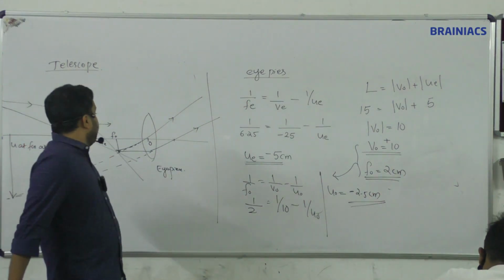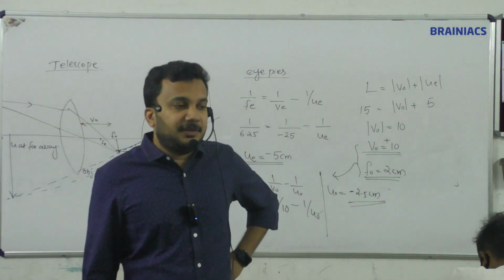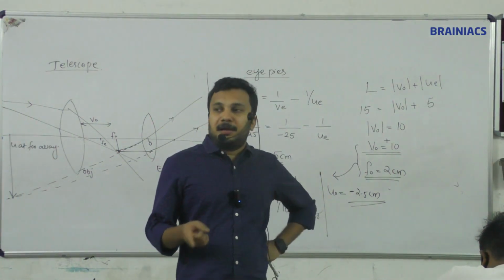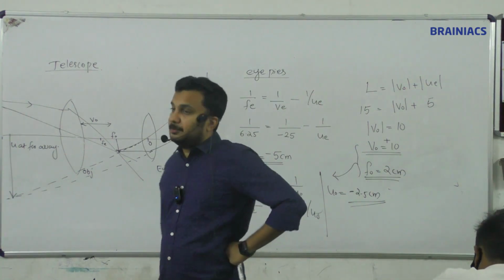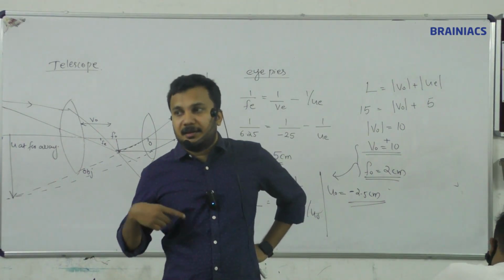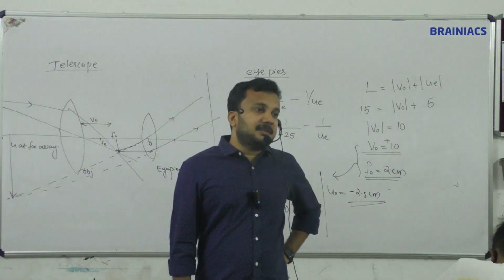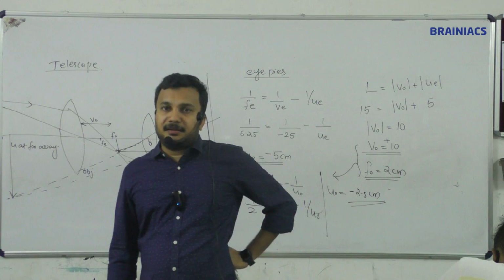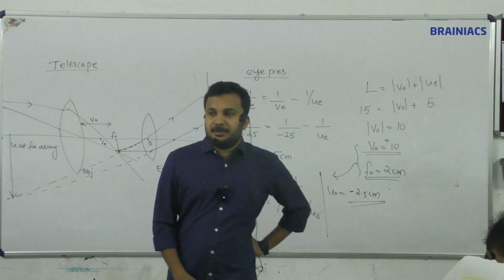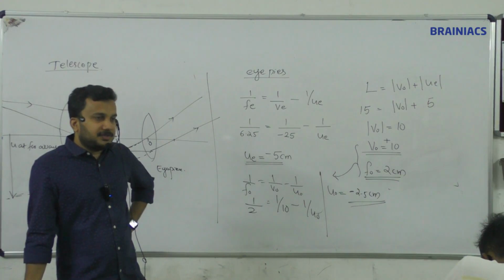Okay, so below write: objective lens forms an image between the eyepiece lens optical center and the eyepiece lens focus.